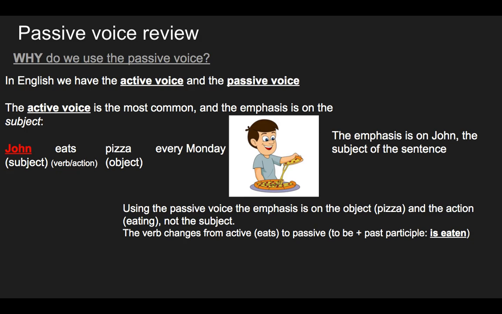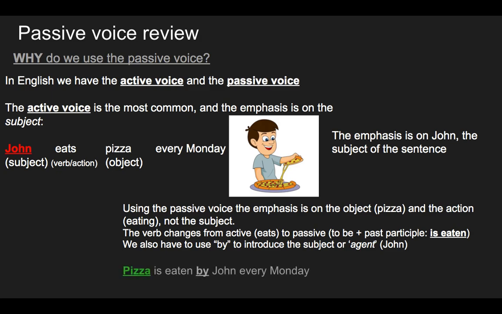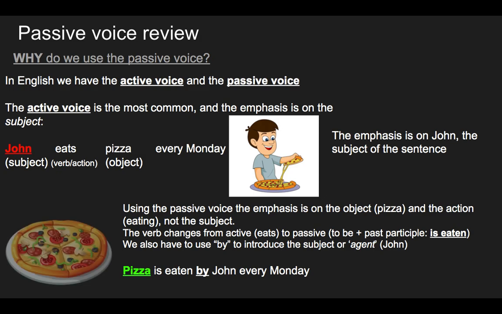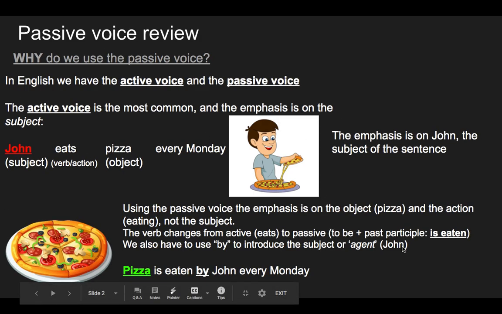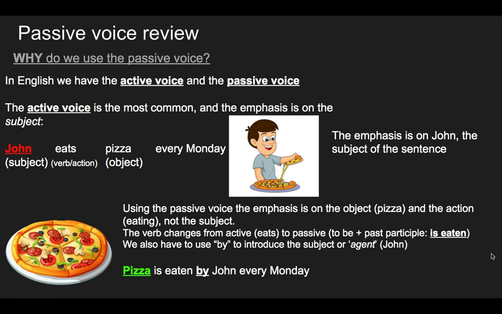For eat, it is eaten. And if we want to talk about John, the subject, we have to use by. So pizza is eaten by John every Monday. And here we've got the emphasis on the pizza, not on John.